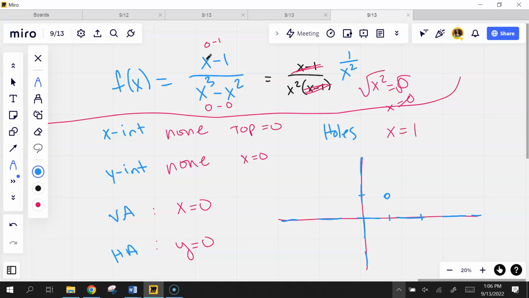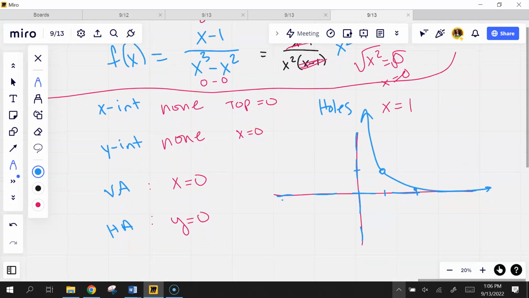You still got it. And then the same thing over here. I just got to put in enough to pick up the pattern, really. And I know where the asymptotes are.